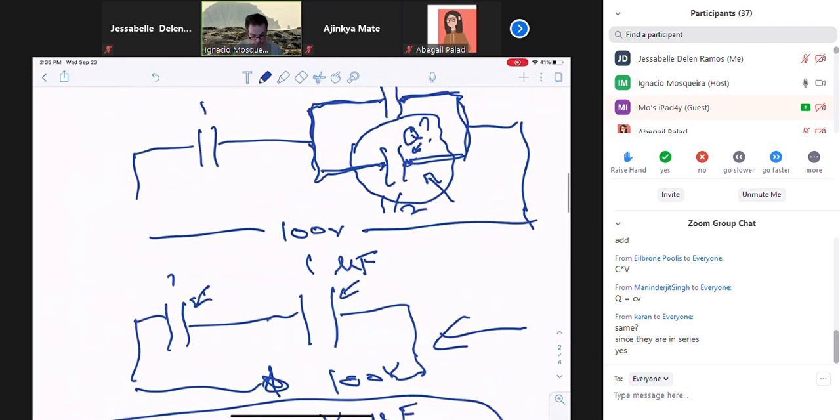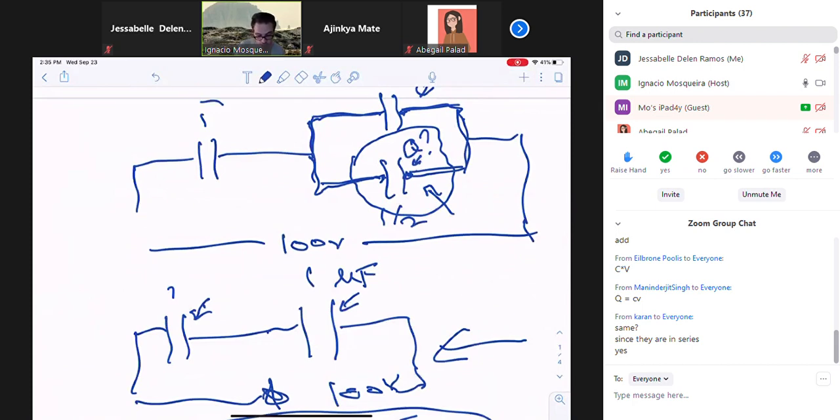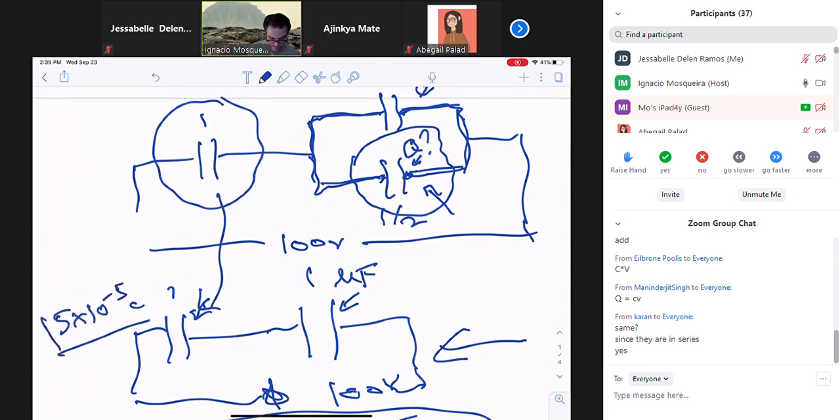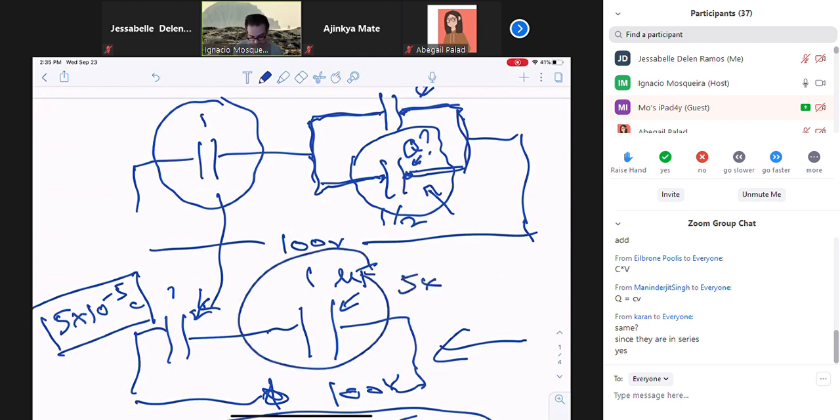Notice one thing: you already know the charge on the original capacitor for this side because you just calculated it. It's 5 times 10 to the negative 5 coulombs. That's one of the initial capacitors, not a reduced equivalent capacitor. How about this one? We just said it's the same, 5 times 10 to the negative 5, because these two are in series.